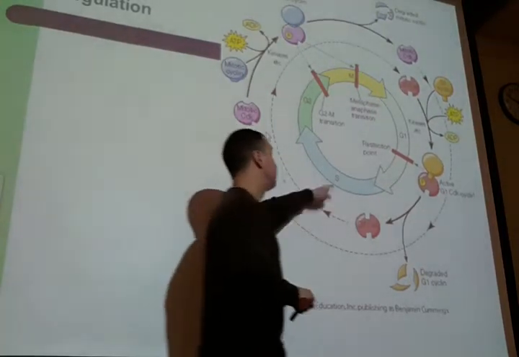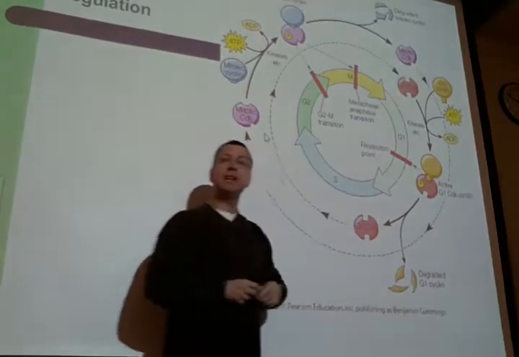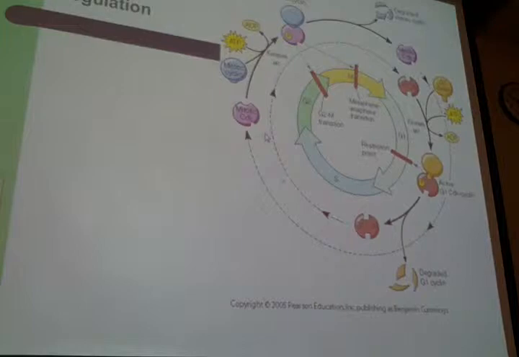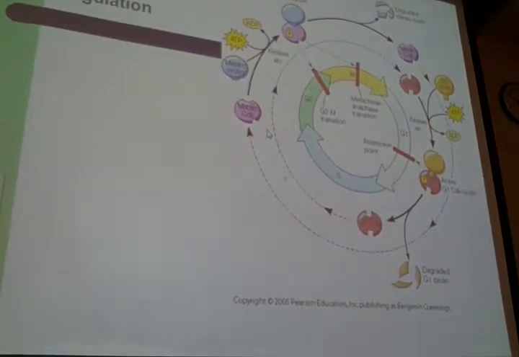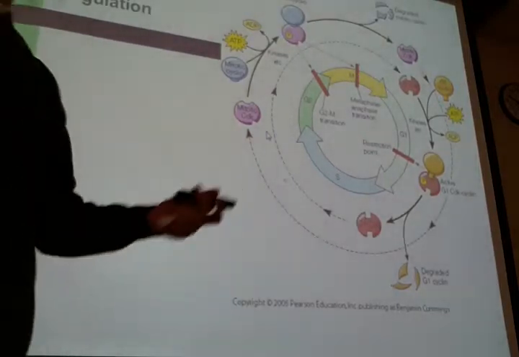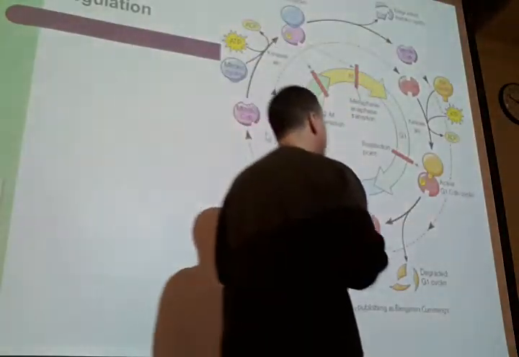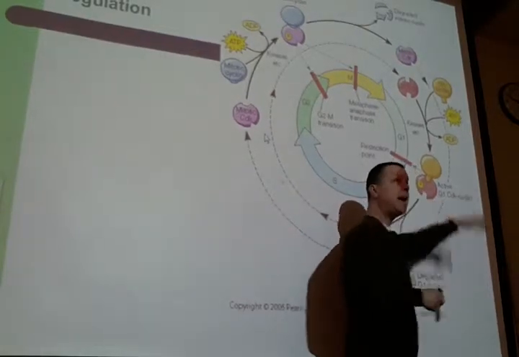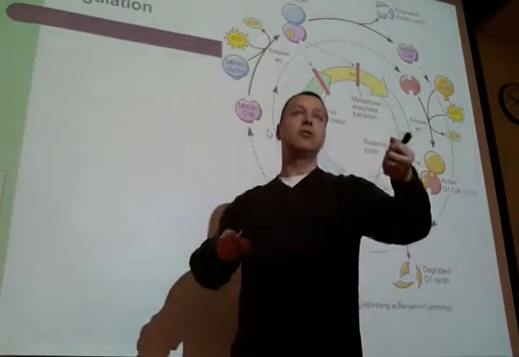And the targets of this G1 cyclin CDK complex include things like proteins that get the S phase started. So think back to getting DNA replication started, right? We had that sort of whole host of proteins that we needed to bind to the origin of replication and pull it open and all that kind of stuff. Those are some of the proteins that this active CDK phosphorylates, turns on, and the cell starts copying its DNA.